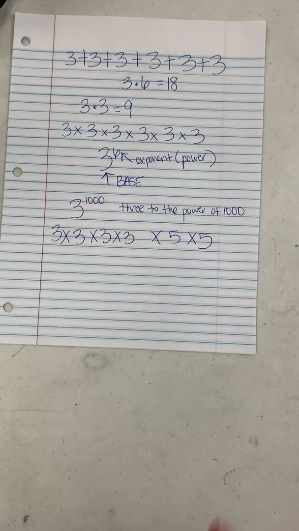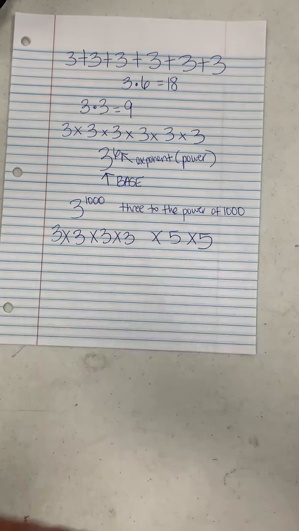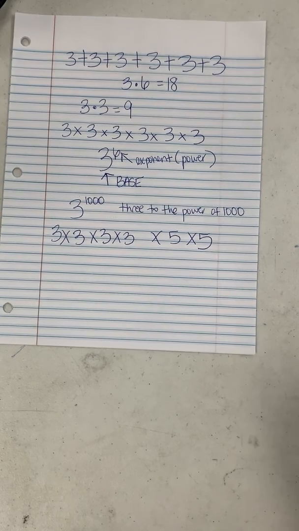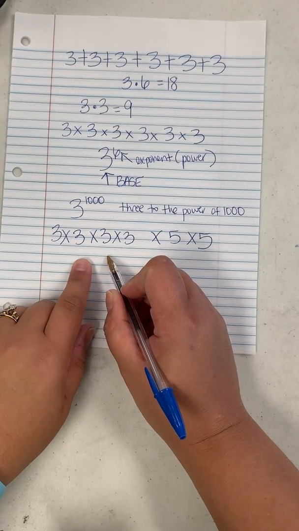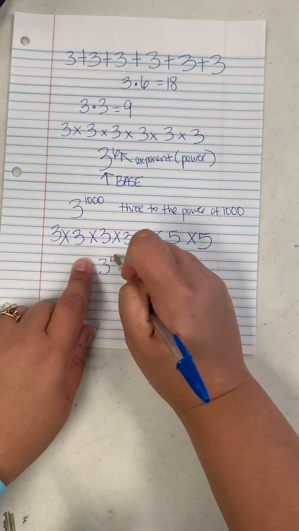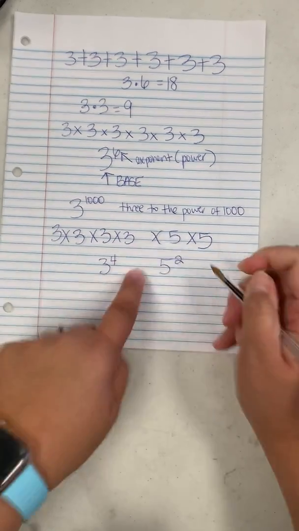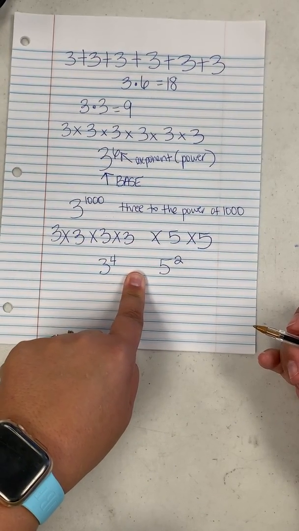And I love the way he used that new term because that's what we have to call it now. So what did you do in 6th grade to write something like this when it had different bases? You separated it. So what did this become? 3 to the 4th power, and this became 5 to the 2nd power. What did I put here?